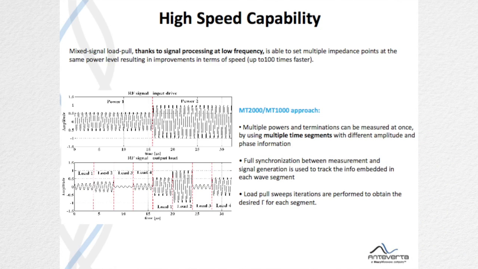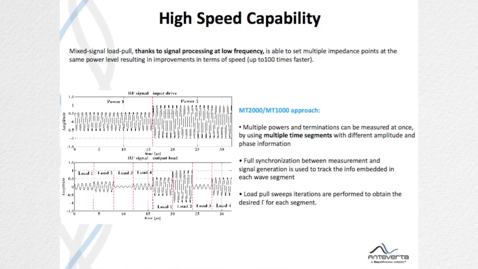I mentioned that there are two main advantages, the first being speed. Thanks to the use of the ADCs and DACs and the phase synchronization between these two, we're able to fit multiple segments in one single waveform.